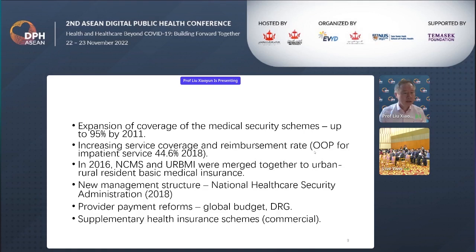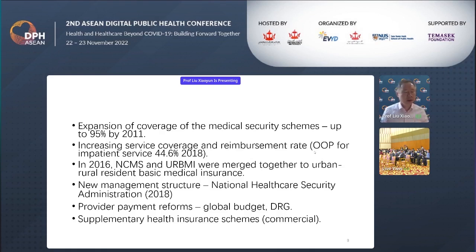And then in the year of 2016, I mentioned we merged the two rural and urban residents schemes together into one health insurance scheme. And also in the year of 2018, we developed a new management structure to establish a new ministry-level National Health Security Administration in China to manage all the three different types of health insurance schemes.